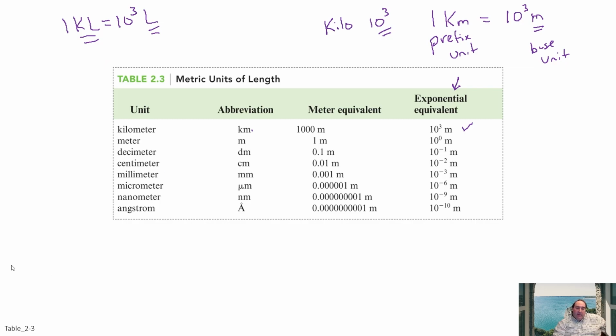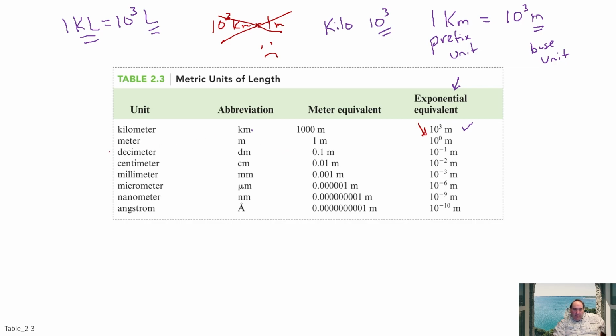It is a very common error that people make, which is they always want to do it backwards. Like, oh, there's 10 to the 3 kilometers in 1 meter, and that is incorrect. Don't do that, or you get the big X, and you don't want that. So make sure that whenever you see this exponent type of conversion used for prefixes, like kilo, milli, centi, whatever it may be, that is how much there is in one of the prefix units to one of the base unit.